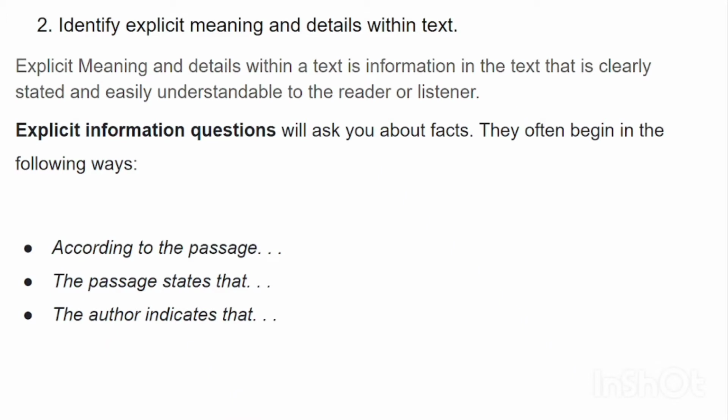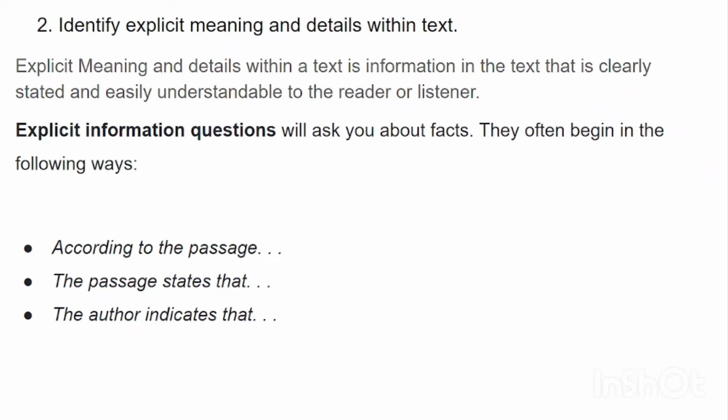Some types of questions that they will ask on the exam that have to do with identifying explicit meanings and details within the text start with "according to the passage." This is a popular one. If you go to your questions and it says, according to the passage, what did Jill and Mike do at the party?